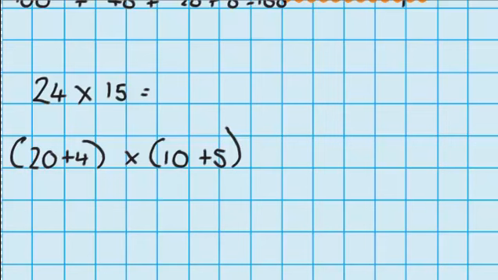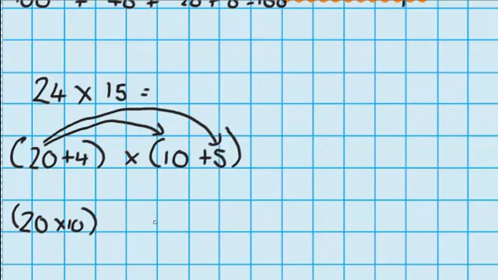So just like last time, I need to multiply every part of this number by every part of this number. So let's start with this one. I need to do 20 times 10. Now I also need to do 20 times 5. So I'll write that in here. So now I've multiplied 20 by every part of the number over here.